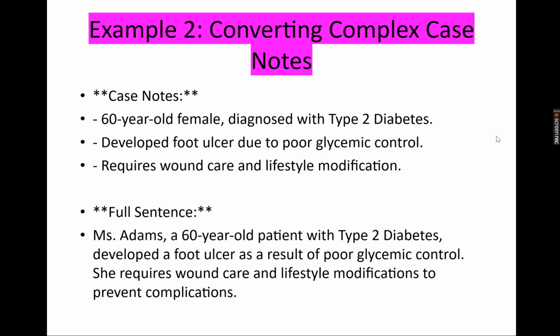Example 2, converting a little bit more complex case note. 60-year-old female, diagnosed with type 2 diabetes, developed a foot ulcer due to poor glycemic control, requires wound care and lifestyle modification.